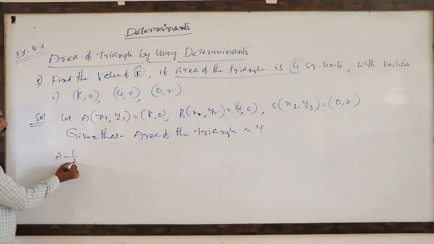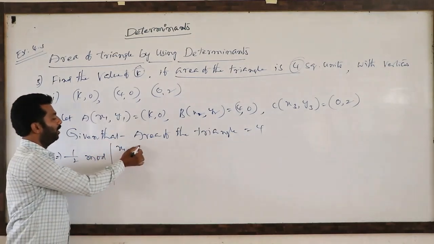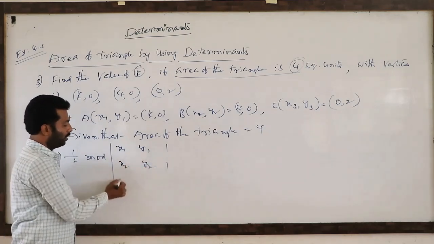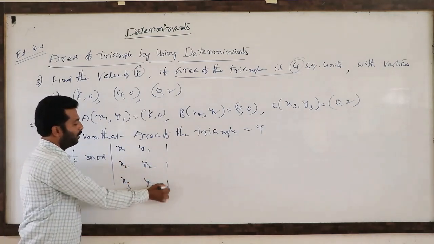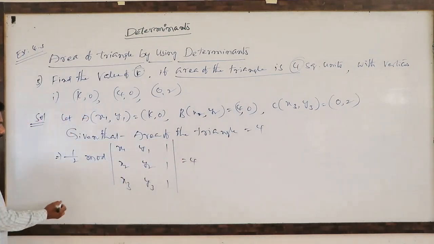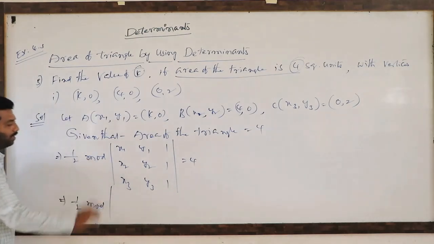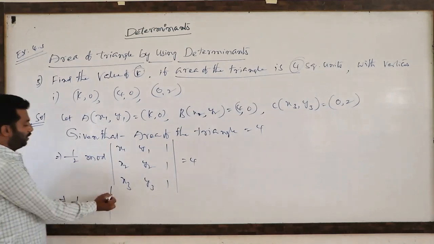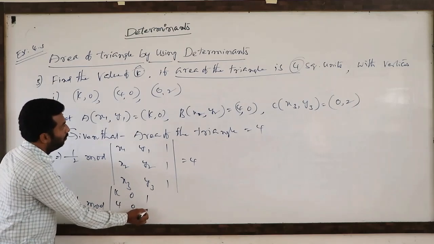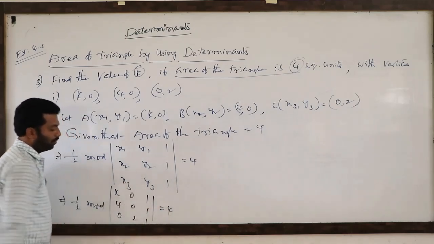The area of the triangle is half into modulus of the determinant x1 y1 1, x2 y2 1, x3 y3 1, equal to 4 square units. So half into modulus of the determinant k 0 1, 4 0 1, 0 2 1 equals 4.